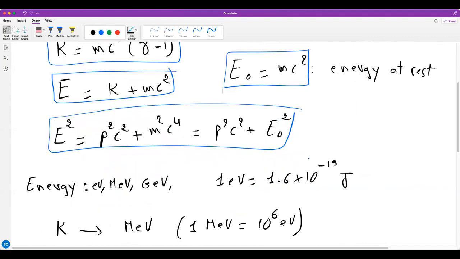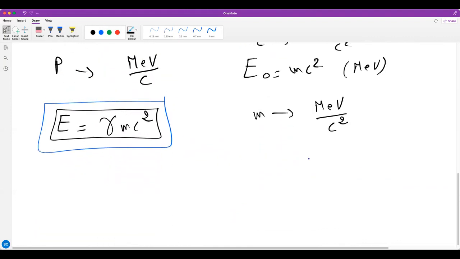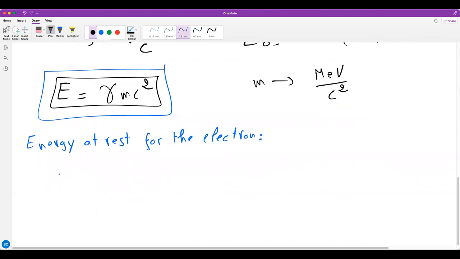Now, let's compute an example. Let's compute the energy at rest for the electron. We know the energy is equal to mc squared, right? The mass of the electron is approximately 9.1 times 10 to the minus 31 kilogram.